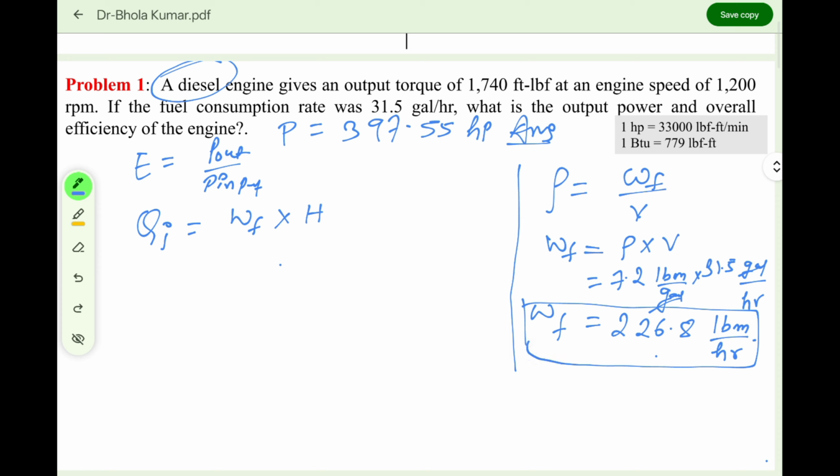Now the heating value. Qi is equal to 226.8 multiplied with the heating value. The heating value of diesel will be 9000 btu per lbm.